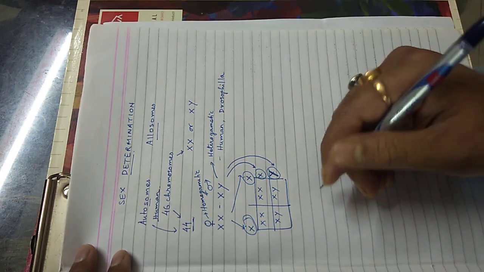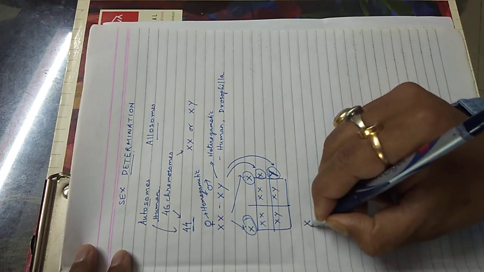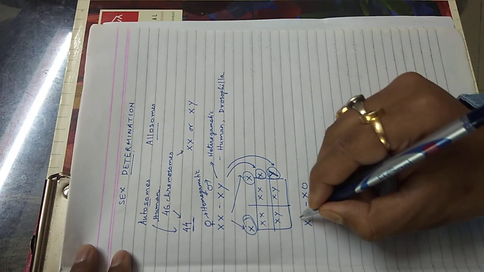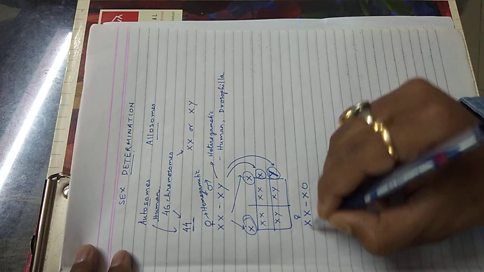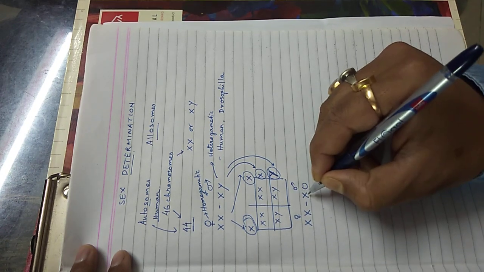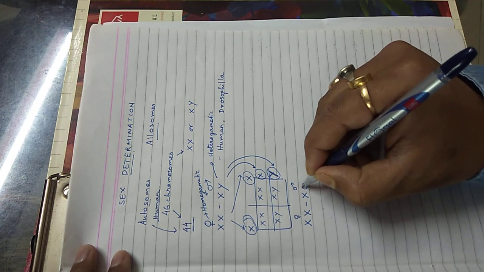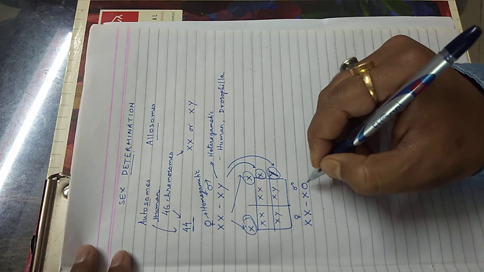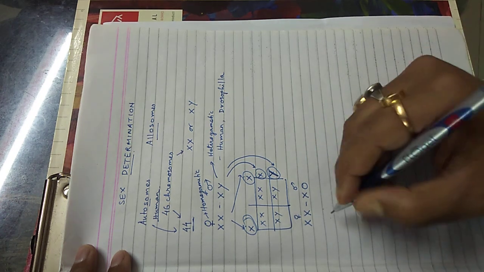That is one. The next type is XX-XO type. Here the female has two allosomes, whereas the male has just one allosome. O means it is missing. There is no corresponding, no homologous chromosome.